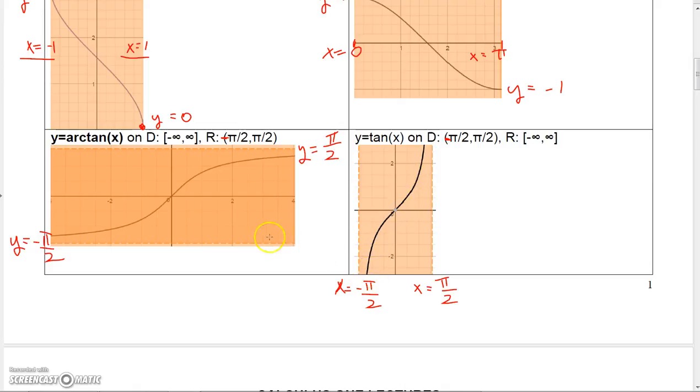Okay, well, on the arc tangent, since it's the inverse, we've got to flip-flop those. And so then the domain would go from -infinity out to infinity, and then the range goes from -π/2 up to π/2. And I'll correct these in the notes, but those should be minuses, π/2 for those two spots there.